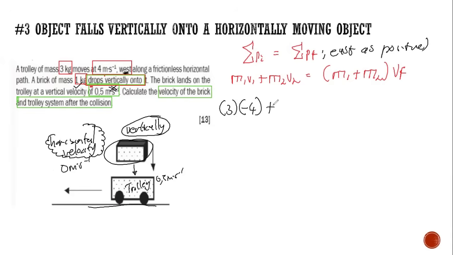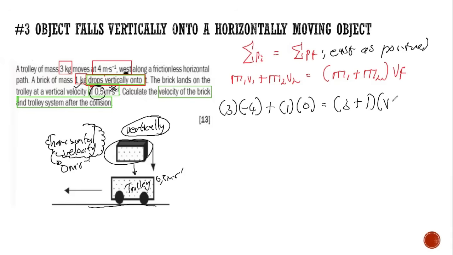Plus mass 2, which is 1 kg, but for this velocity I'm not going to substitute the 0.5. I'm going to substitute 0, because we are considering the horizontal velocity. It is not moving horizontally as it is still dropping down onto the trolley. And then we have mass 1, which is 3, and mass 2, which is 1.